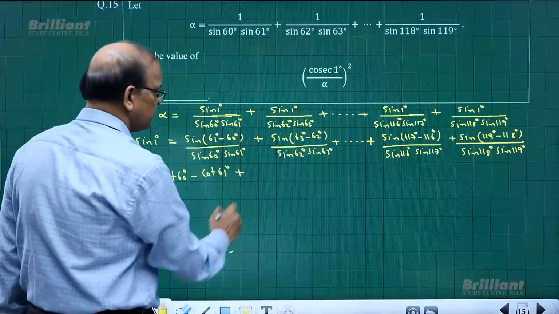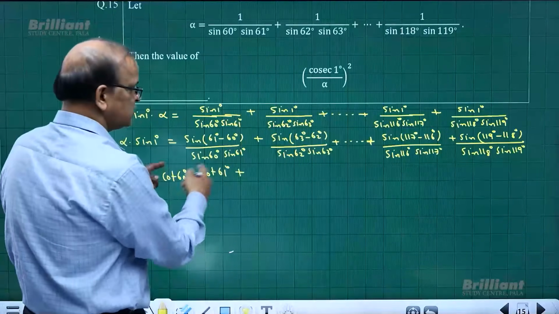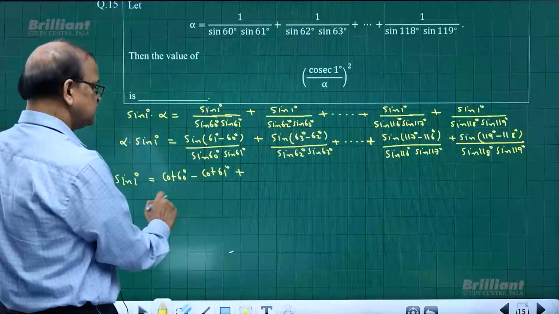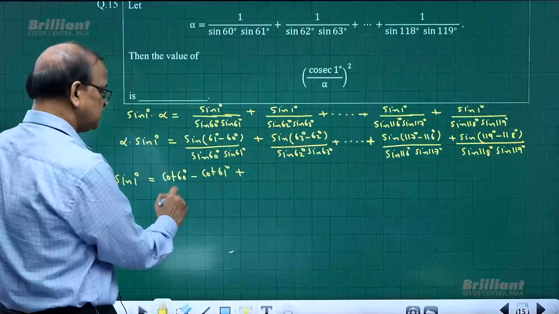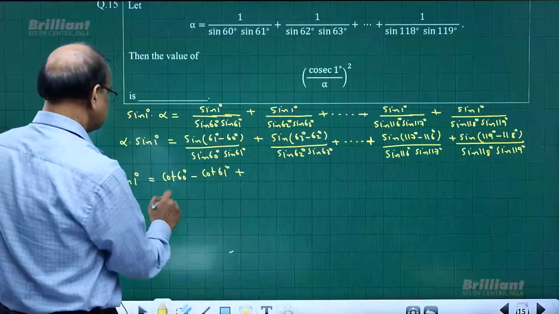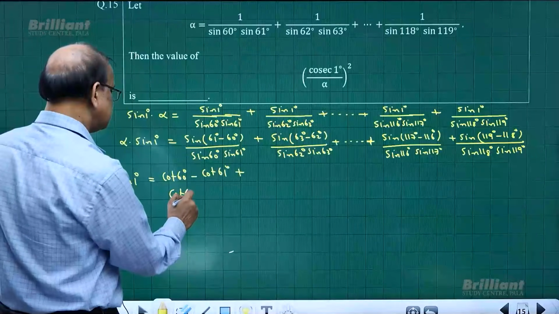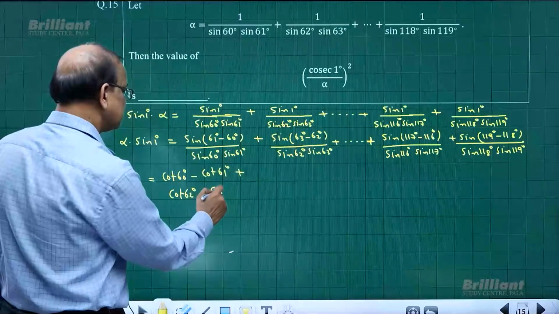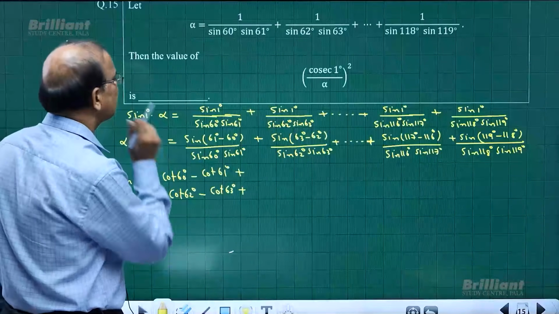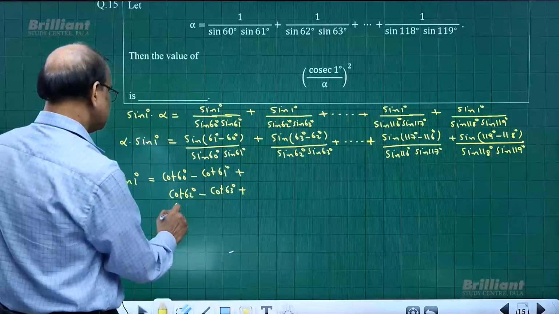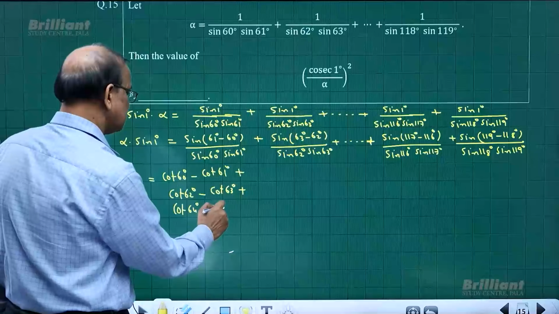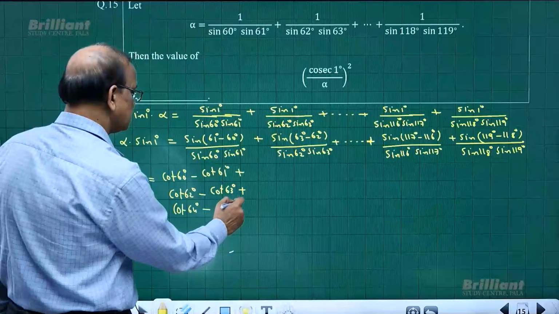Okay. Now plus, here 60, 61, no, the small number first, then next. This is 62, 63, right? This is what? 62, 63. Next 64, 65, like this, and so on.